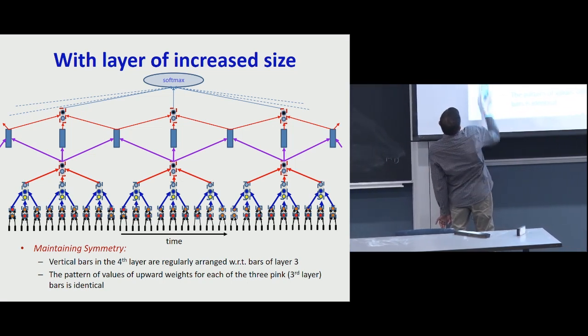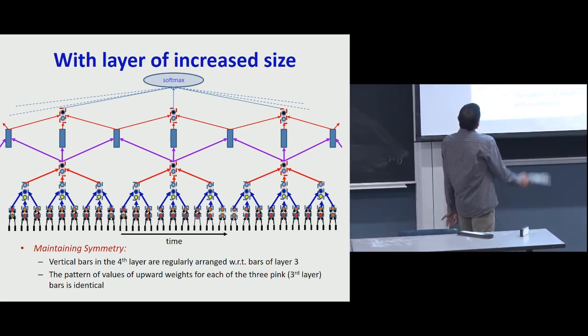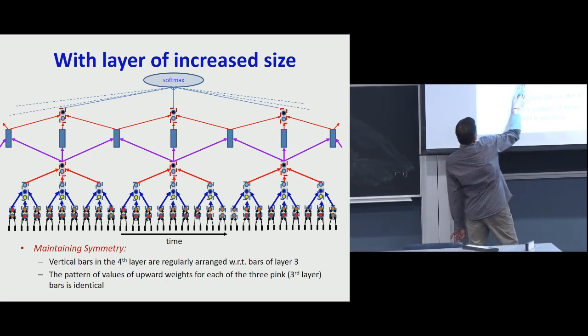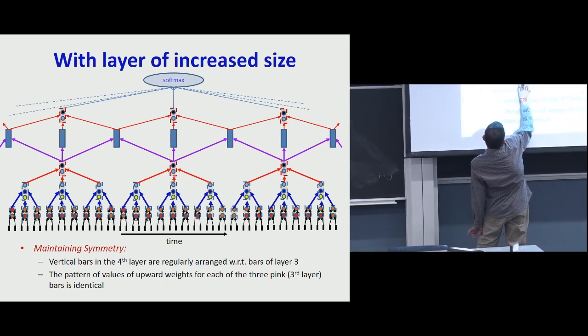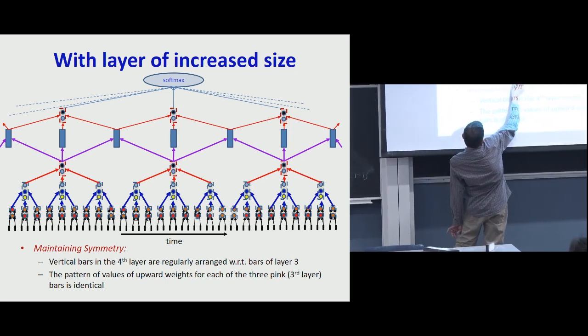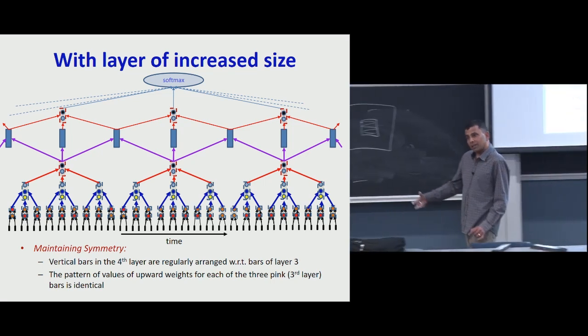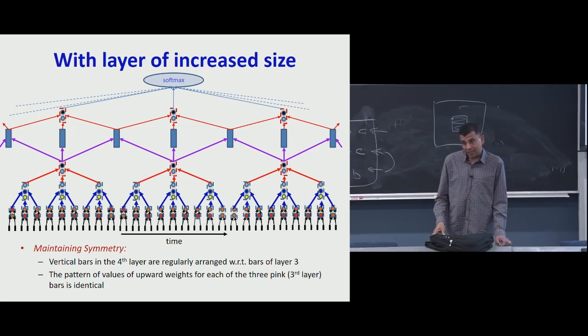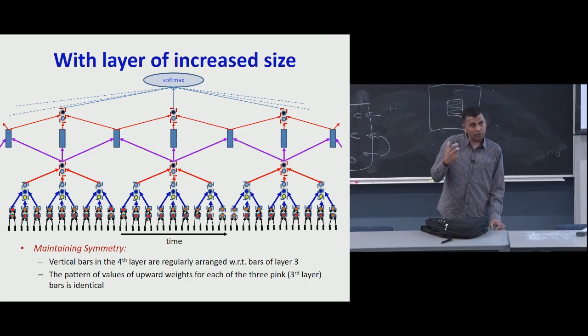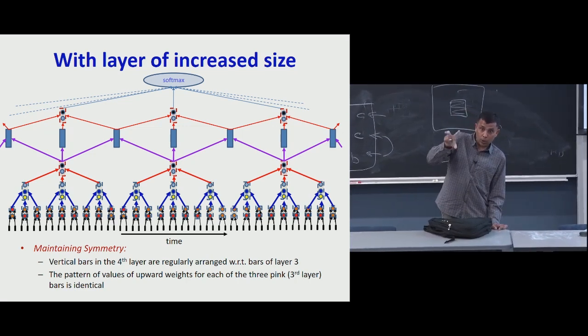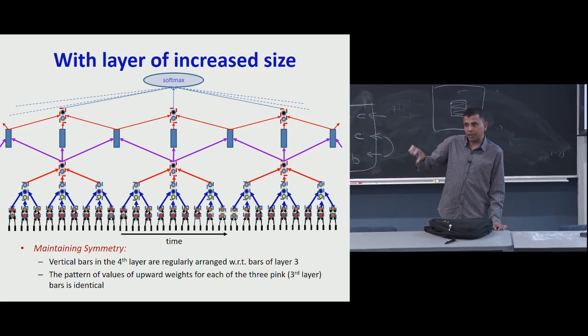So the set of downward weights from this guy is going to be the same as the set of downward weights from this guy, and the same as from this guy, okay? But if the size of the network is increasing, then the way I will design it is that the set of outgoing weights from the bars underneath is identical for every bar.